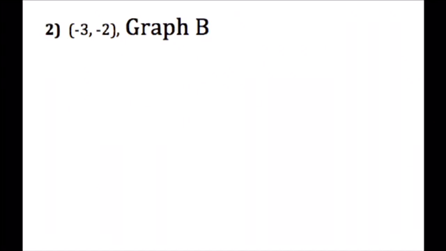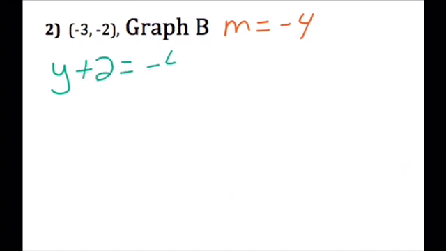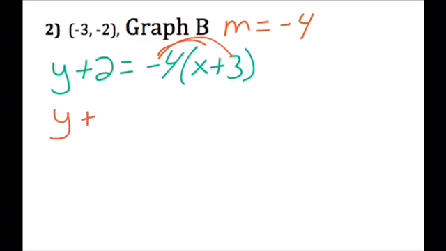Okay, the slope you should have used was m equals -4. So let's plug this in. So we have y minus -2, which is y plus 2, equals -4 times (x minus -3), which is x plus 3. We're going to distribute that through. So we have y plus 2 equals -4x minus 12.